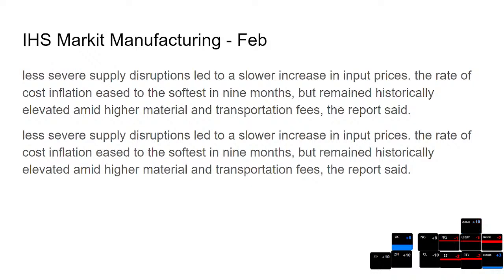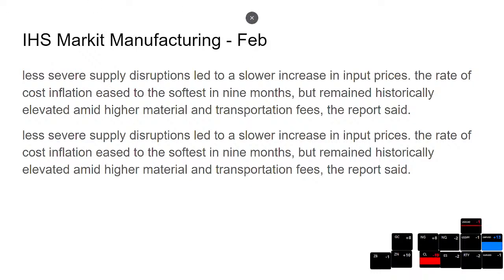Which, of course, if those input prices are coming back under control, means those producers of those goods are able to produce more in a less expensive way. So there's that factor to consider when we're thinking about PPI and where producers are at the moment. So before the Ukraine conflict, that's what we had from the previous market data.